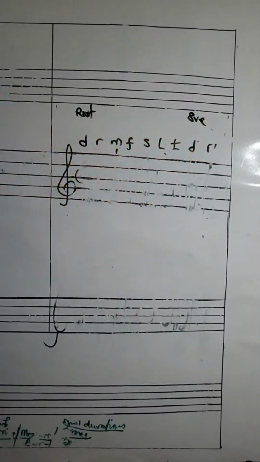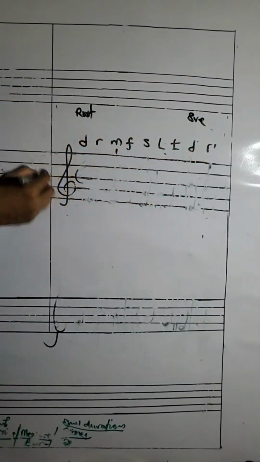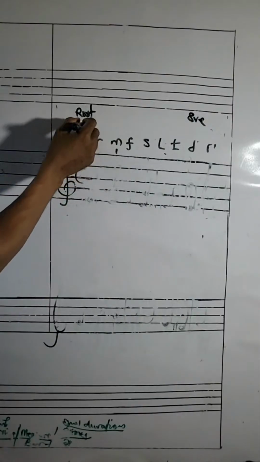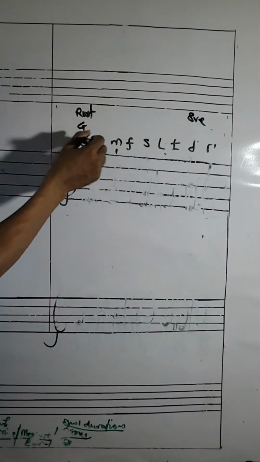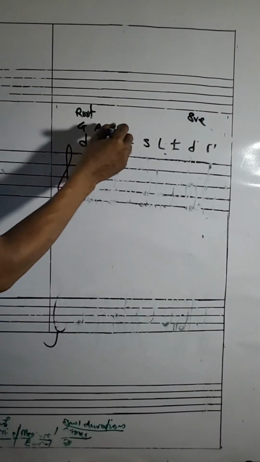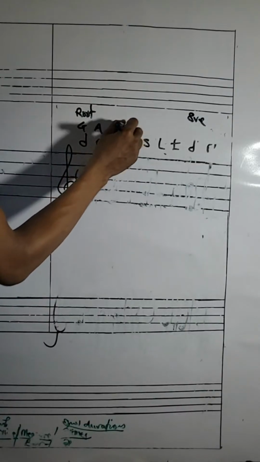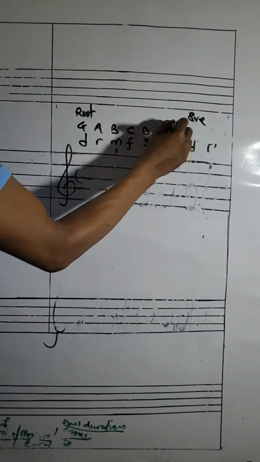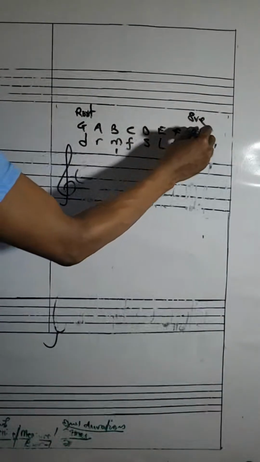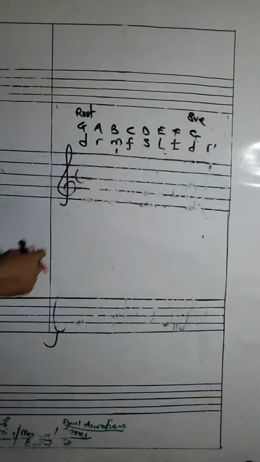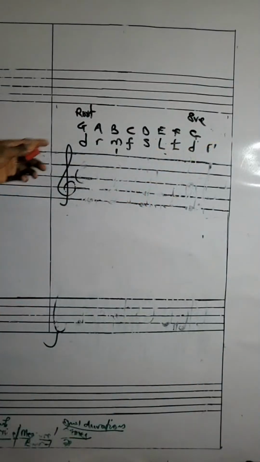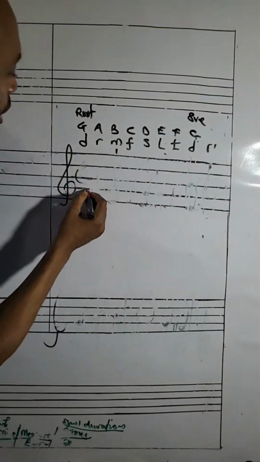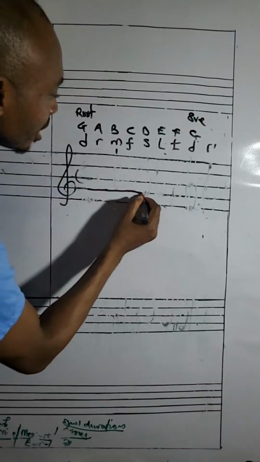I'll remove my C, then I'm going to start my letters from G. So that is going to be G, A, B, C, D, E, F, G. Now, my do is my G. That is to say that your do would always be on the lines there.